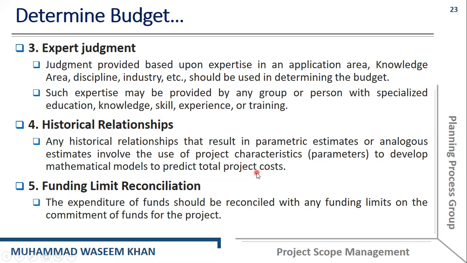I think we don't need to explain it in detail because we have already discussed parametric estimation and analogous estimation, in which we focus on the previous or past similar projects. Based on those past data, we estimate the cost and the schedules, etc., for the future projects.